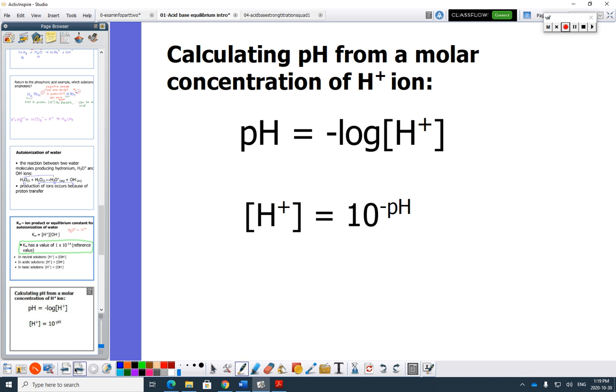So one of the topics you're gonna do in functions is log, okay? So this calculation itself is actually super easy. However, you have to know how to use your calculator, okay? So it's not negative log times the H plus concentration. It's negative log, and then you just put in the hydrogen ion concentration. If you don't, your calculator will give you an error.